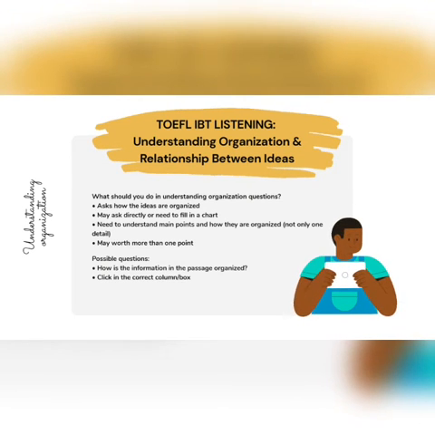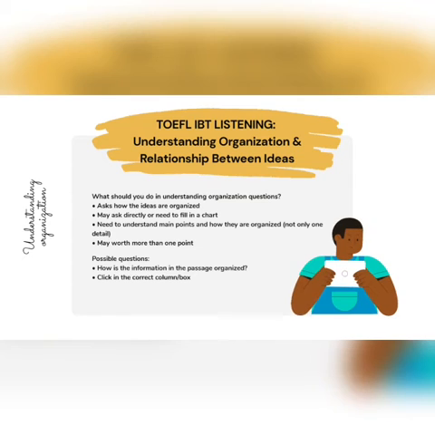Second, you may be asked directly or need to fill in a chart. Third, you need to understand main points and how they are organized. Remember that the main points are not only in one detail. And the last is you may need to work with more than one point.